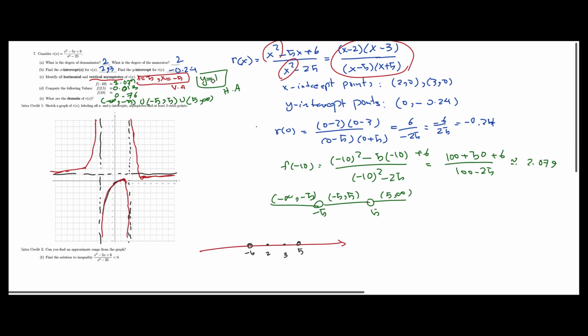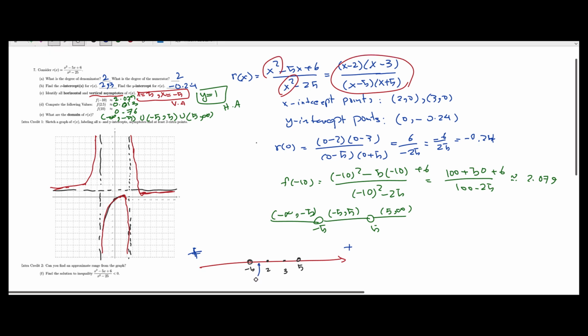Since I have y equal to 1 as the horizontal asymptote, I know that on either side, the value of the function goes toward the positive value. And then I can use test points after that and plug in, let's say, between -5 and 2, there's a test point.